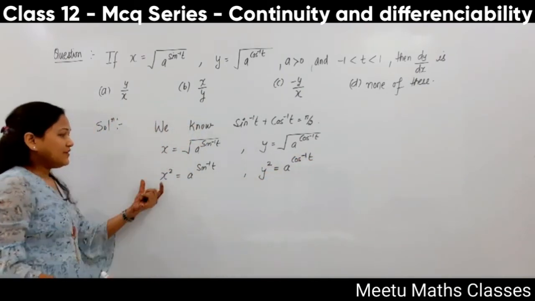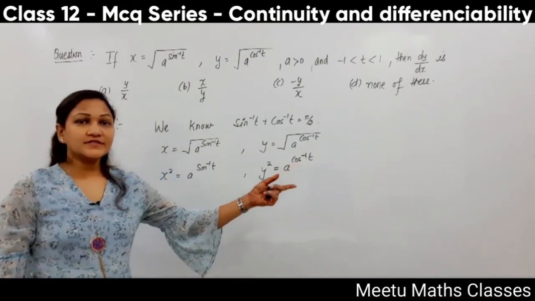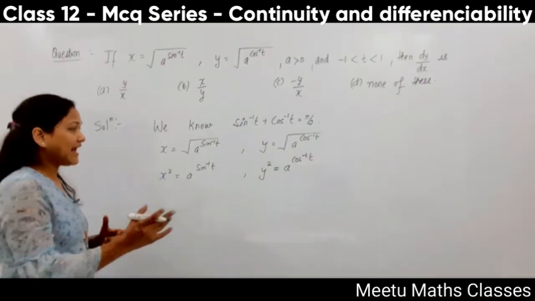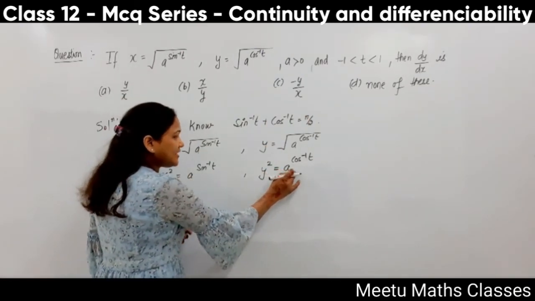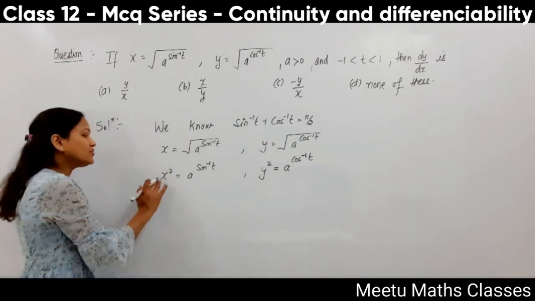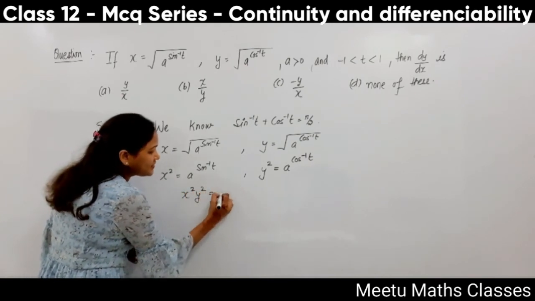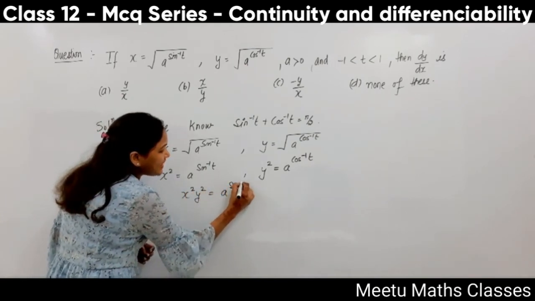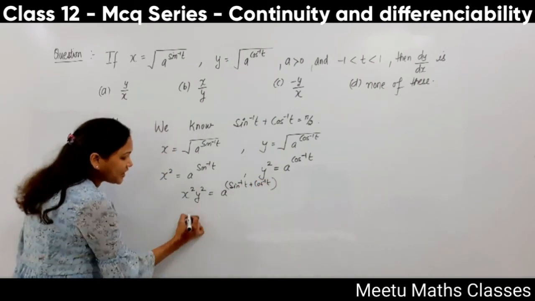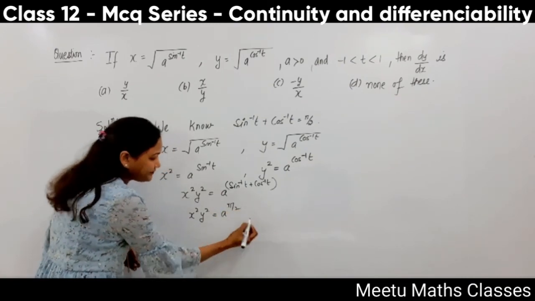Now look, if you add sin inverse t and cos inverse t we can eliminate t. And when will powers add? Since the bases are the same, if you multiply these two then powers are going to be added. So multiply these two functions. So x square into y square is equal to a raised to power sin inverse t plus cos inverse t. Powers will add, and you will get a raised to power pi by 2.